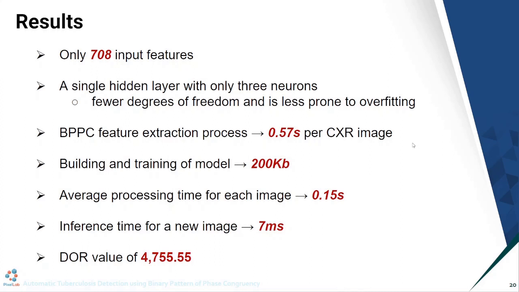For building and training, it only takes approximately 200 kilobytes, while the average processing time for each image is about 150 milliseconds. And it takes approximately 7 milliseconds to infer a new image. In addition, the model obtains a DOR value of 4755.55.